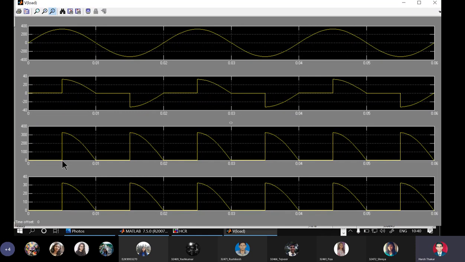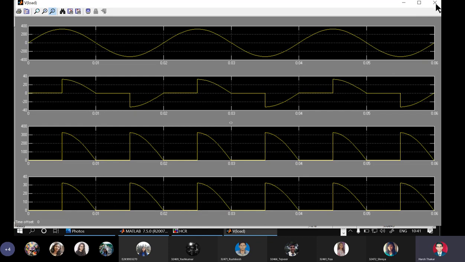So the output voltage exists only from 5 milliseconds to 10 milliseconds, that is from pi by 2 to pi in the positive half cycle. In the negative half cycle, it is again 0 from 10 milliseconds to 15 milliseconds, that is from pi radians to 3 pi by 2 radians, and then it exists again from 15 milliseconds to 20 milliseconds, that is from 3 pi by 2 radians to 2 pi radians.